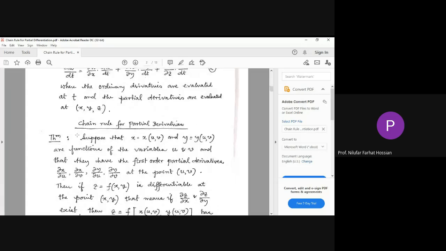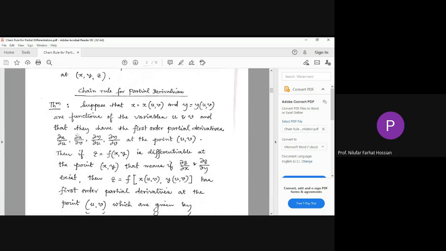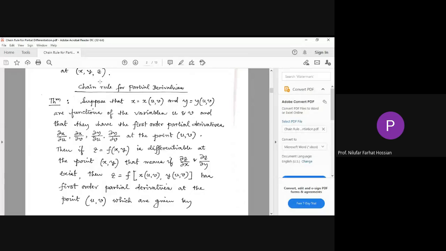Now, if the variables x and y are functions of two variables again, this is another theorem. Suppose that x equal to x of u, v and y equal to y of u, v. That means x is a function of u and v.